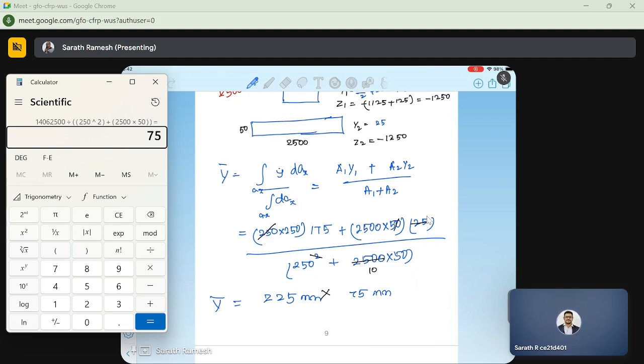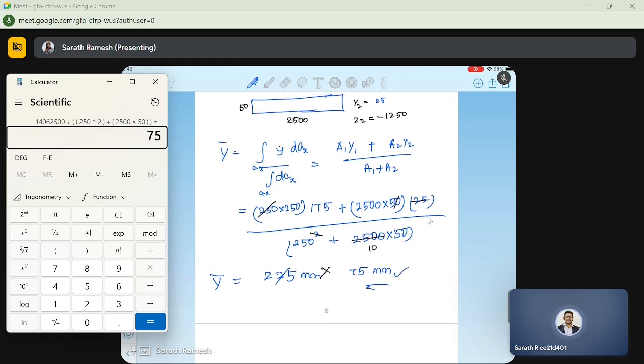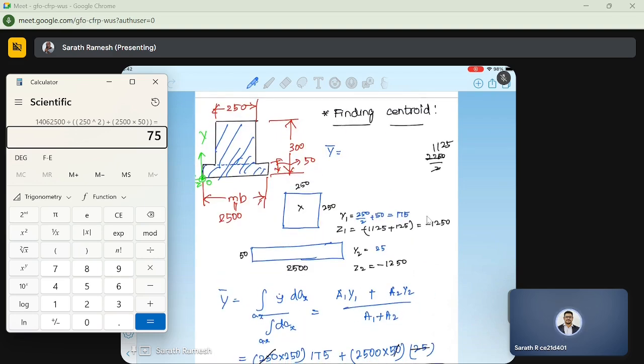Yeah, 74. Initially I made a bracket mistake. So it is 75 mm from the bottom, from the y-axis.